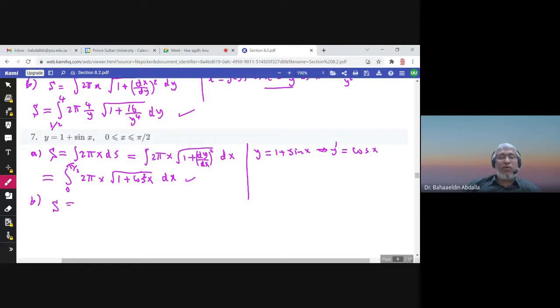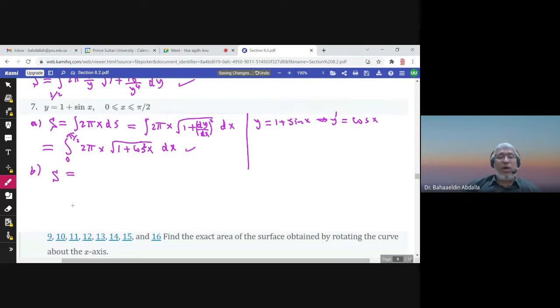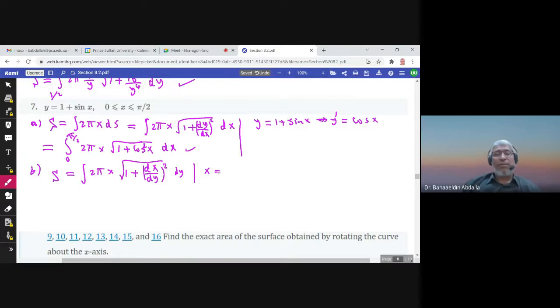Now, if we want to write the integral with respect to y, then I have 2 pi x as in the first part, but dx by dy, this is the change, this is the difference. And the integral here will be with respect to y. And in this case, the function should be written in terms of x. So I need to solve this equation for x.